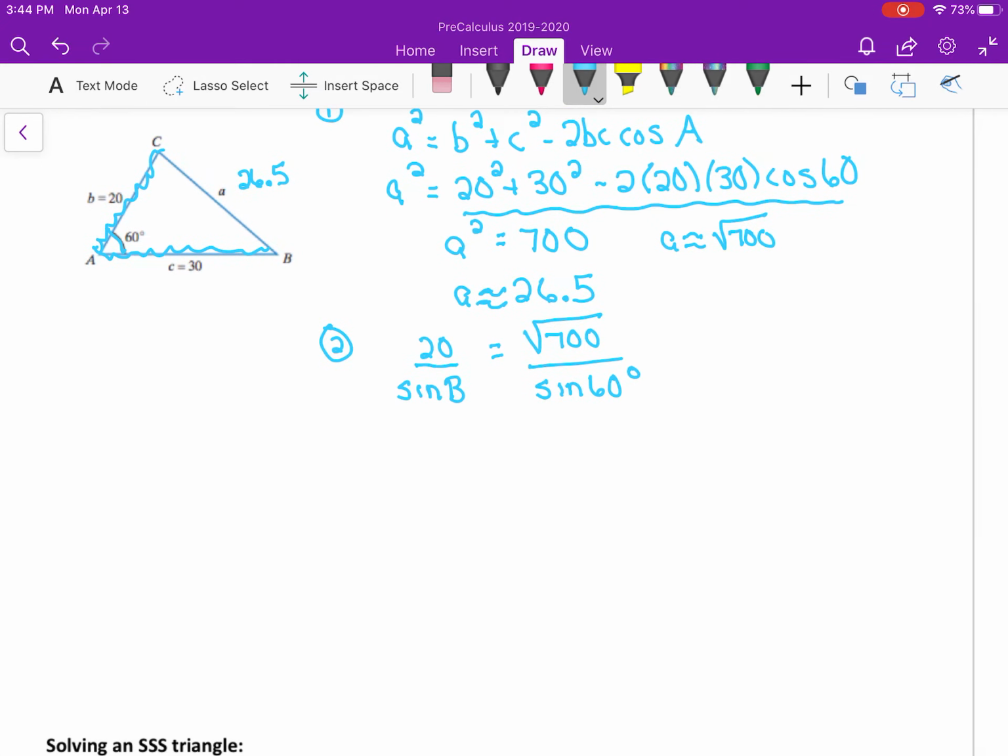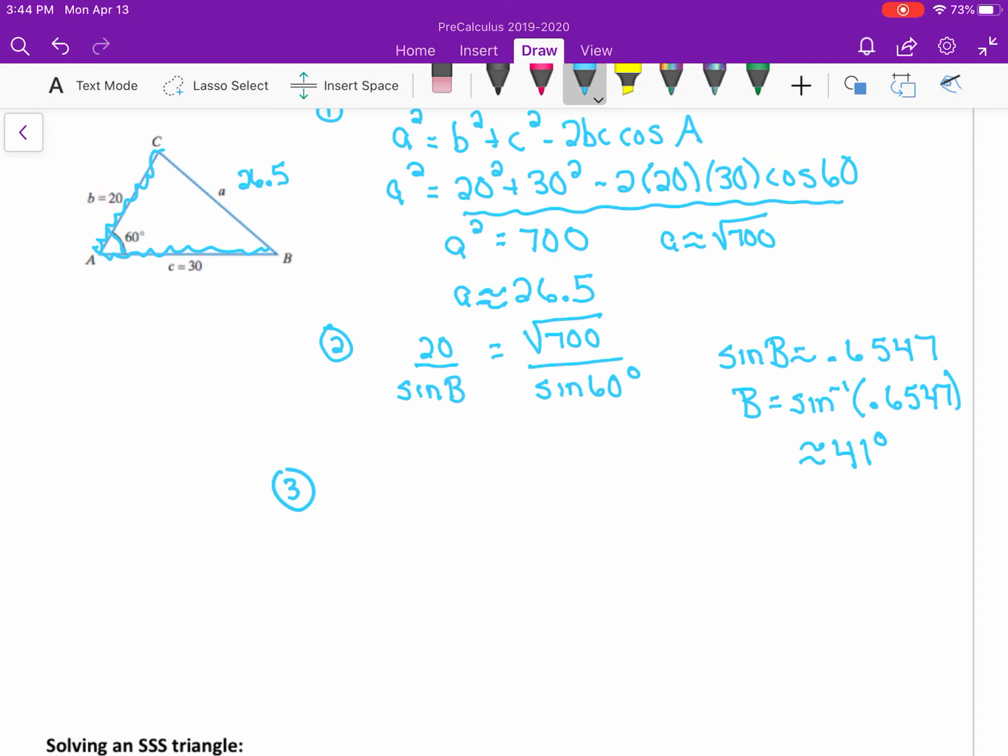So we set up our ratios, and we have everything there. When we cross multiply and isolate sine of B, we get 0.6547. And so B, when you do inverse sine of that in your calculator, you get about 41 degrees.